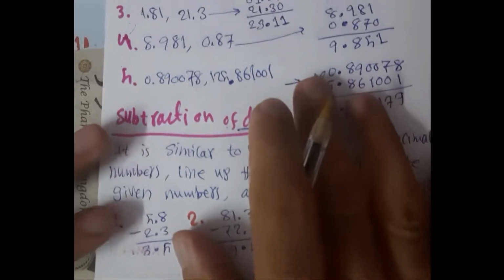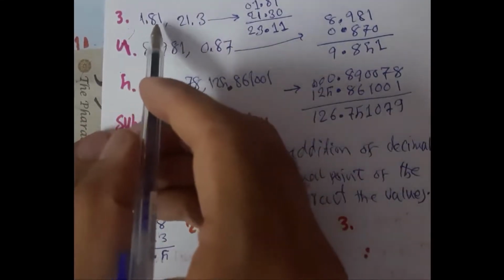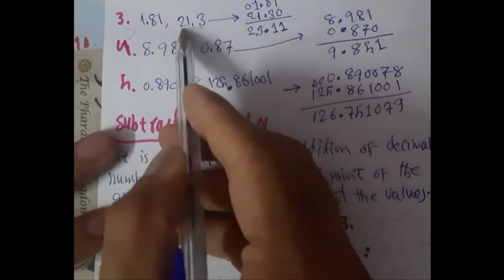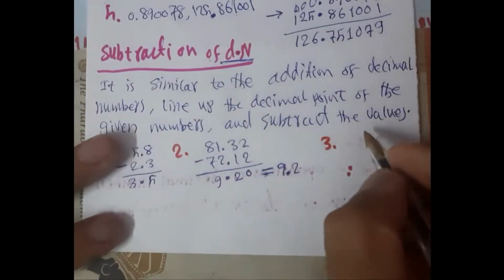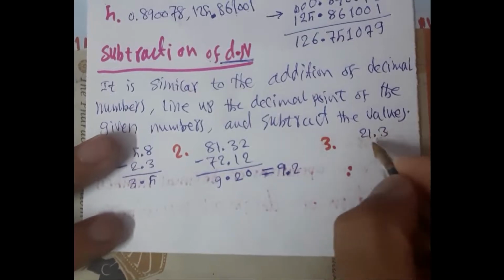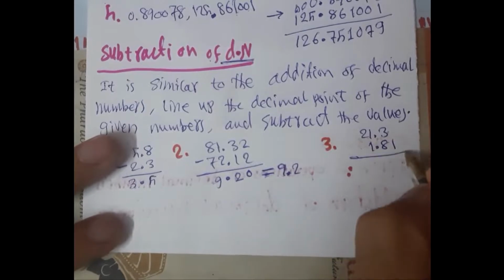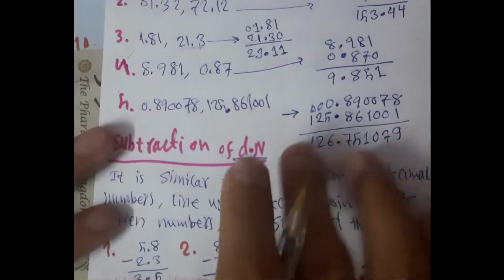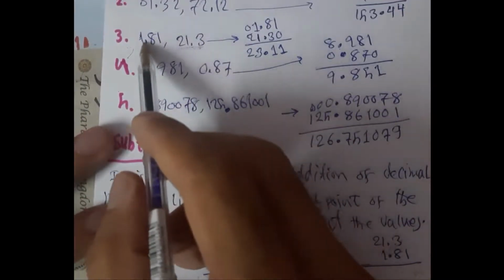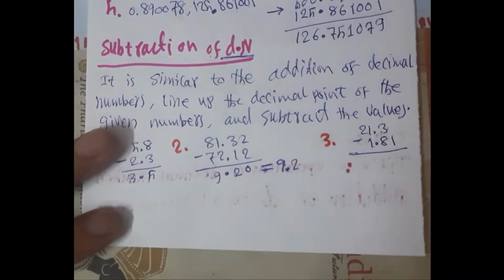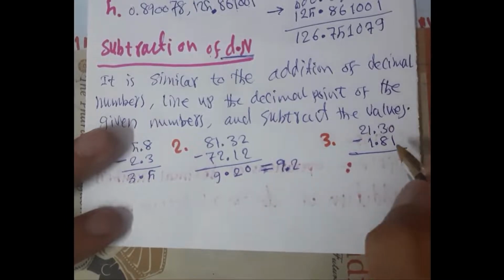Number 3. We have 1.81 and 21.3. Which one is bigger? 21.3 is bigger, so we write it here, and 1.81 is smaller. We subtract these two numbers. We don't have any number here, so we can write 0. From 10, if we subtract 1, 9.